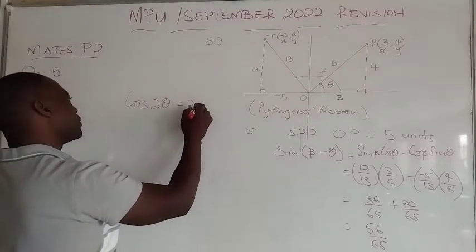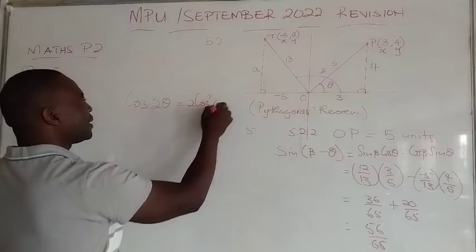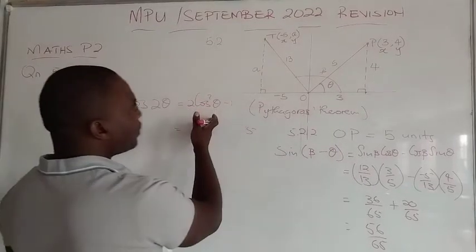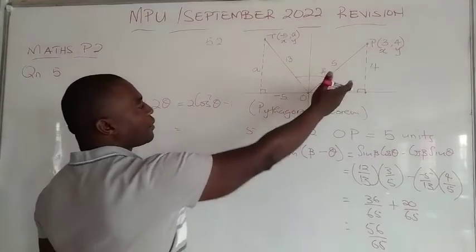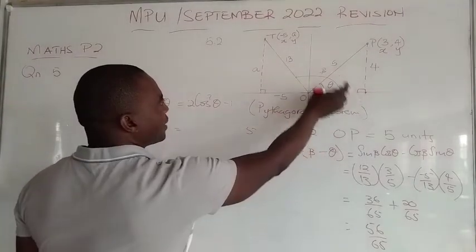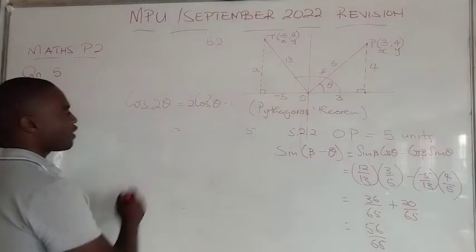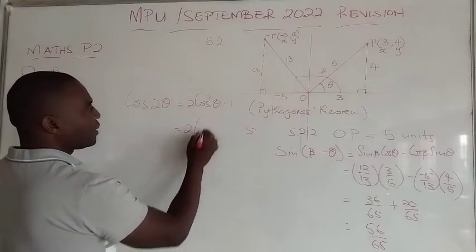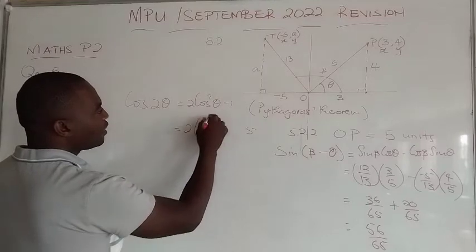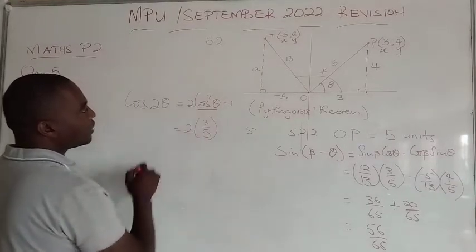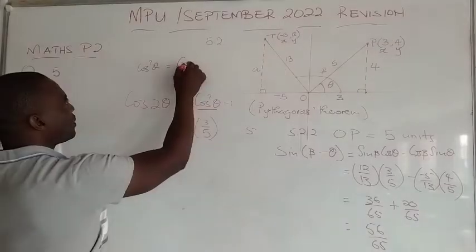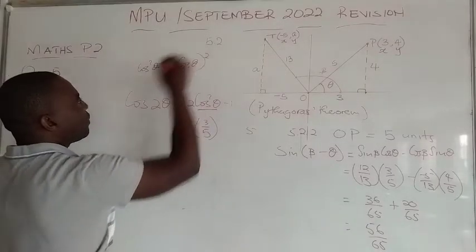Maybe you choose 2 cos squared theta minus 1, and then cos theta, we already know that it's adjacent over hypotenuse, that is 3 over 5, so we do the substitution, 2 by 3 over 5. Remember, when we say cos squared theta, it is the same as cos theta squared.